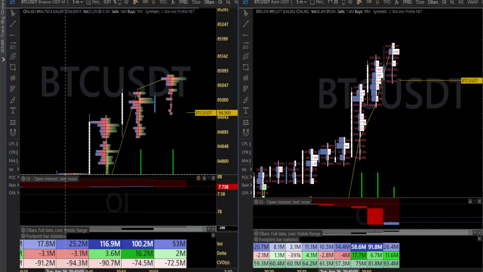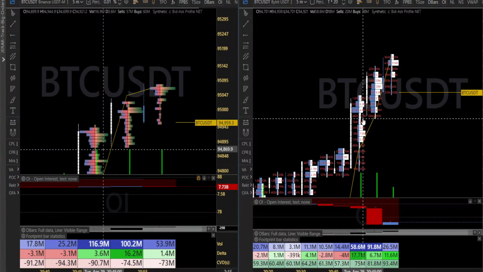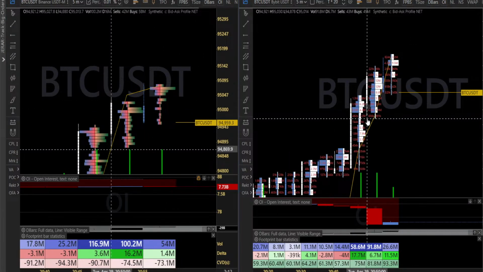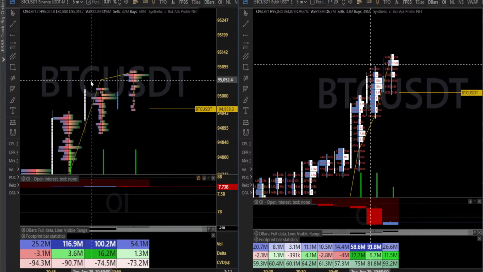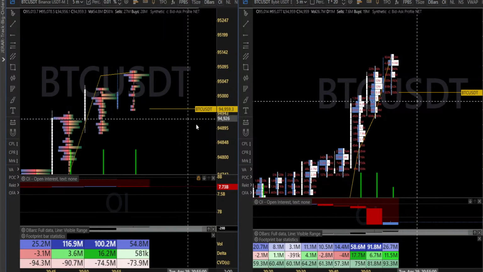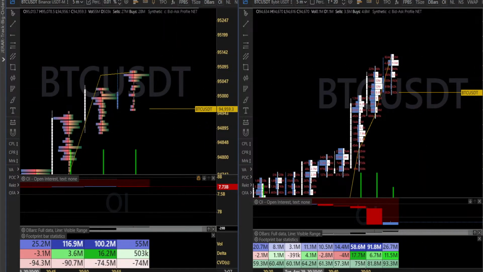There is the 786 value area high. Again, it's not looking particularly toppy, but certainly a level you aren't surprised to see some reactions.